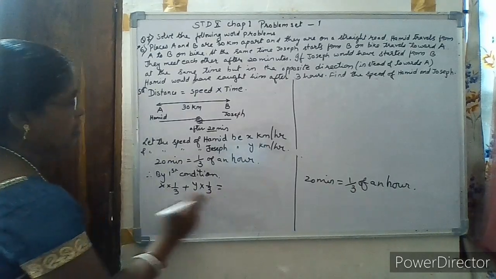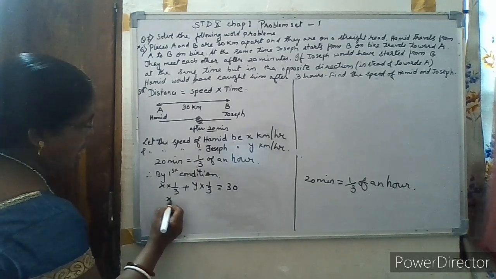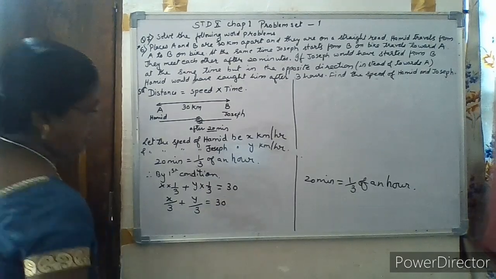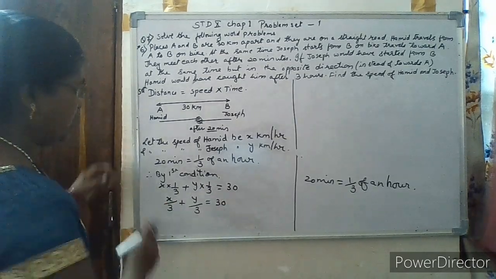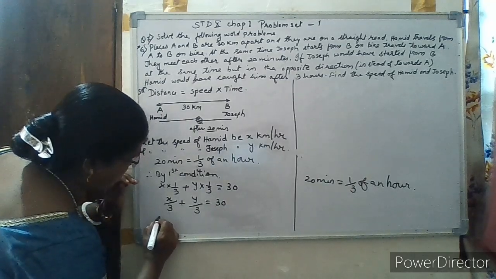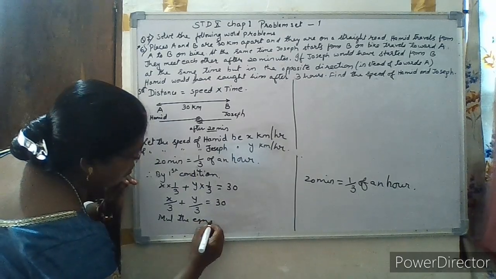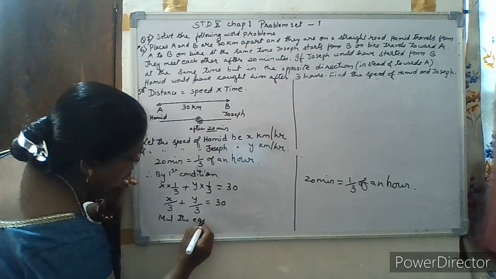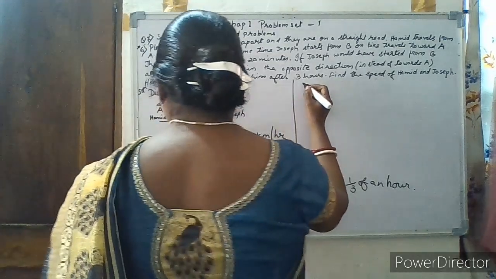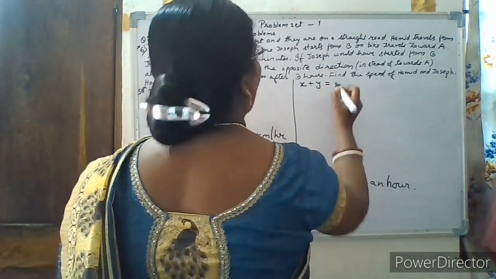Both together they have covered the distance of 30 kilometers. So it is x by 3 plus y by 3 is equal to 30. Now to bring this equation into the simplest linear form, let us multiply the equation by 3. So it is x plus y is equal to 90.